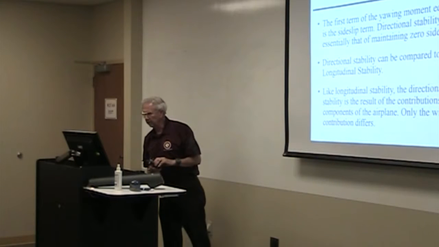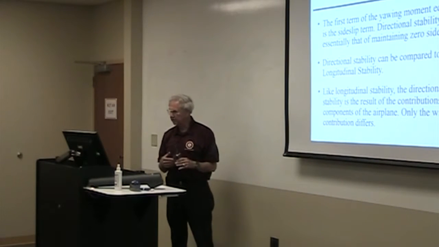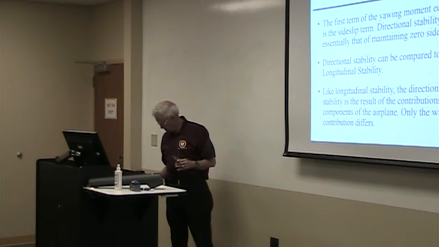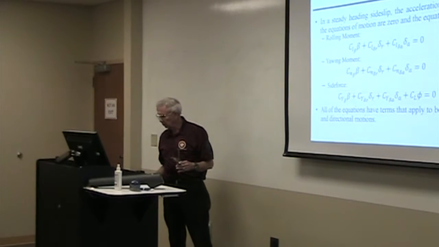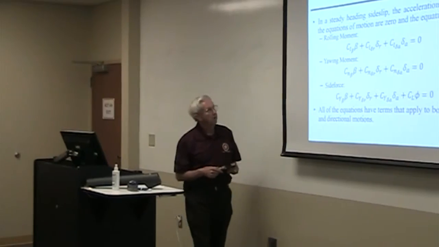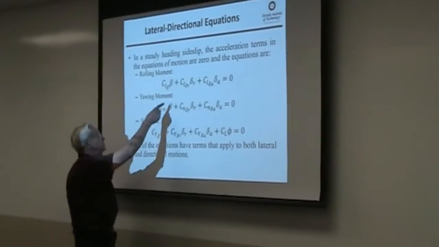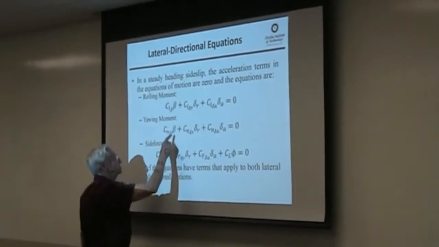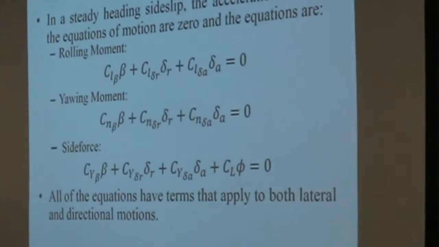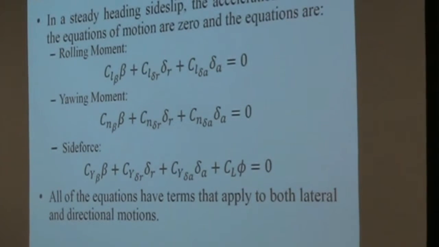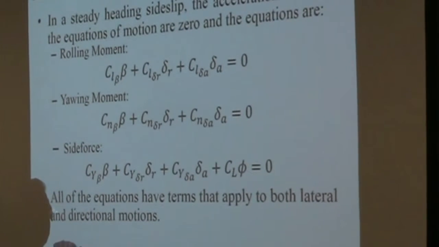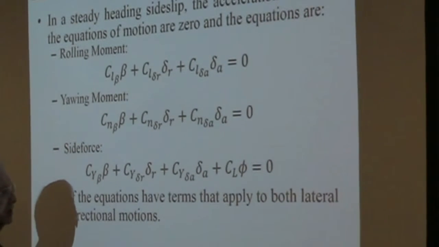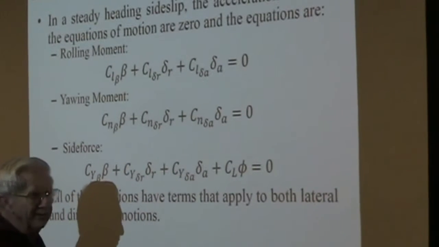The first term in the yaw moment equation is the side slip term. Go back to that. Notice that this is the side slip term. That's side slip, side slip, side slip. This is side force with side slip, side force with rudder deflection, side force with aileron deflection.